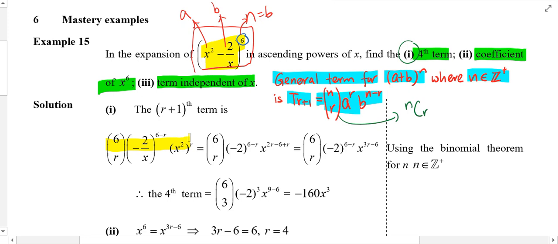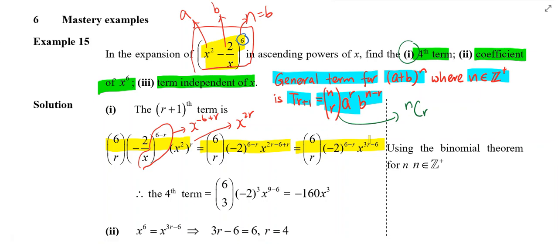Then you separate the negative 2 from the x. This x gives you x to the power of negative 6 plus r, and this gives you x to the power of 2r. Combining the x's, you get x to the power of 2r minus 6 plus r, and you simplify further to get this expression. That's the general term formula for this expansion.